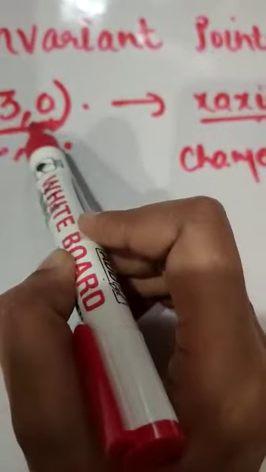So when we change the y coordinate 0, 0 will remain 0 only. So it will again remain the same, 3 and 0. So in the case of the x-axis we can call these points invariant points, because after reflection in the x-axis it remains the same.